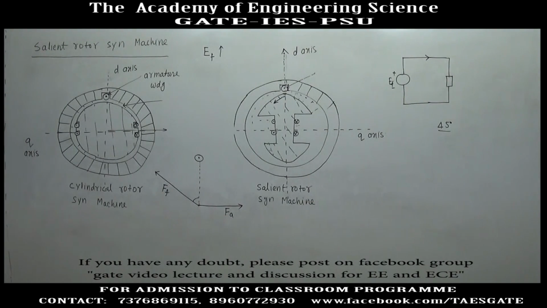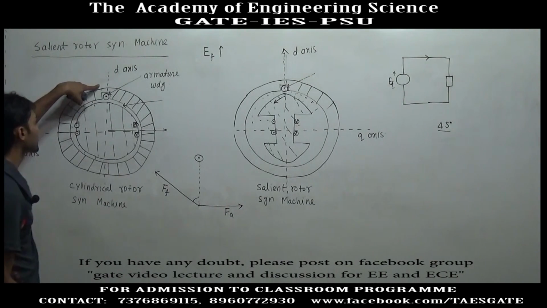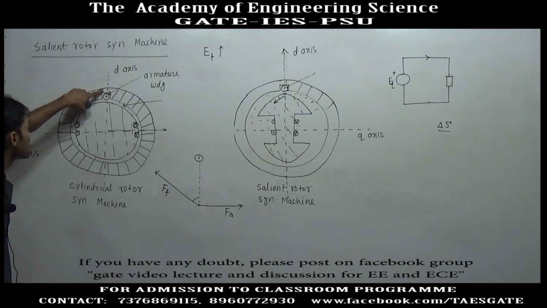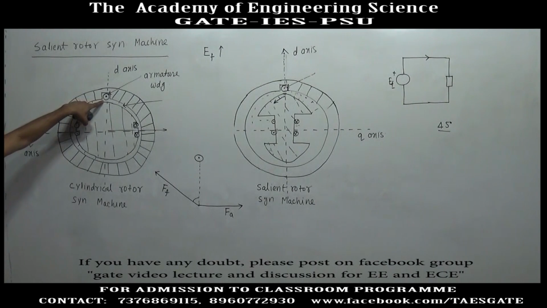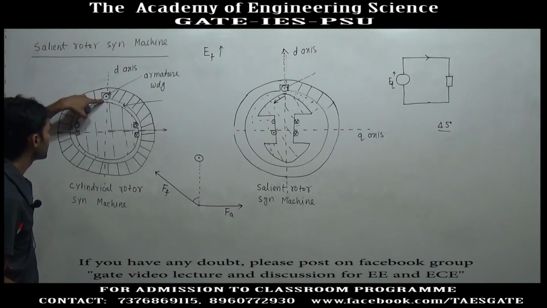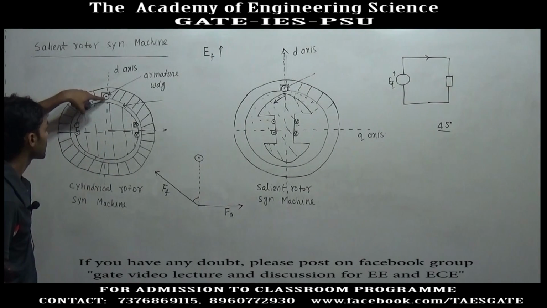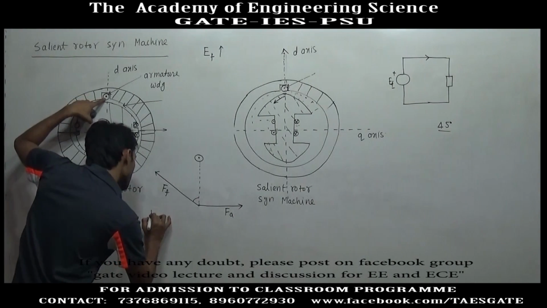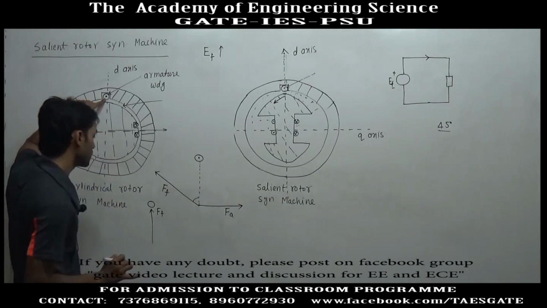If a resistive load is connected here, the maximum value of current will occur at the same instant when the maximum EMF is generated in this conductor. Maximum EMF will be generated when this conductor is in the maximum influence of the field. So, if the position of the field is in the upward direction, the conductor will link with the maximum field.